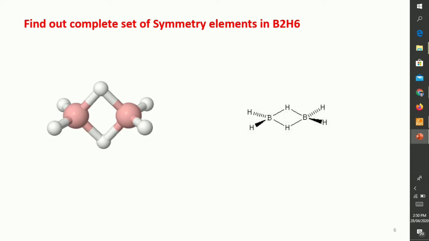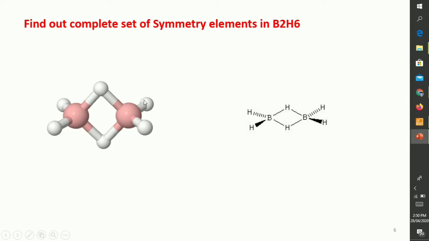So the next is the inversion center. Does this molecule exhibit the inversion center property or not? You need to find this. Yes, there is an inversion center in diborane. You can say that this is the middle point of this molecule, and you need to draw a line towards any direction where you find an atom.